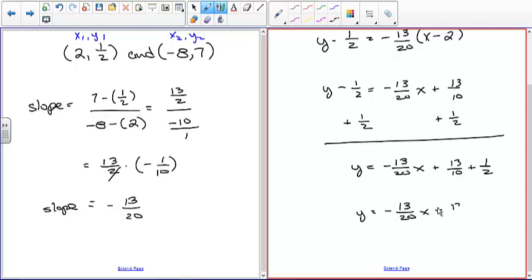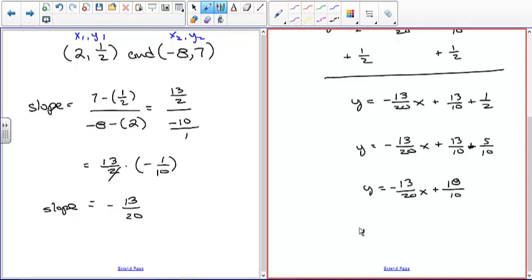So you get 13/10, and this would be, you multiply the numerator and the denominator by 5, so you get 5/10. 13 plus 5 is 18. And then you can simplify 18/10 by dividing both the numerator and the denominator by 2. So you get that as your final answer.